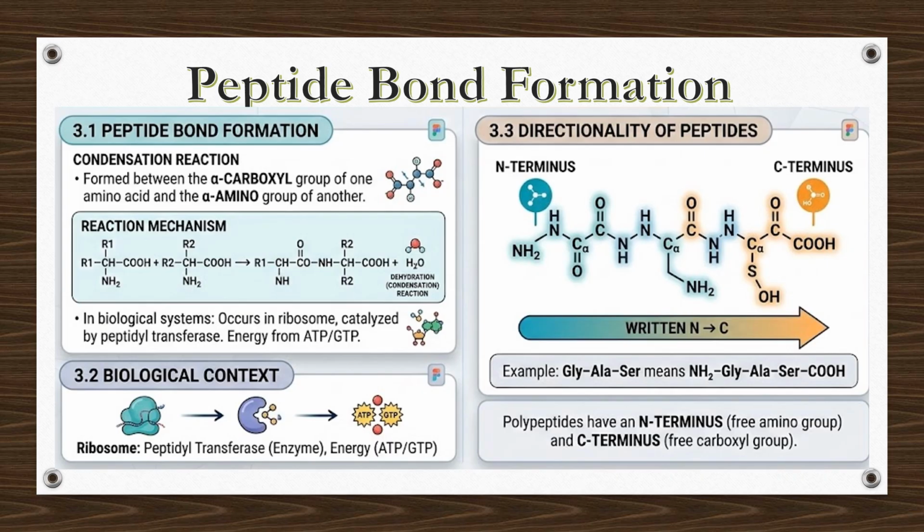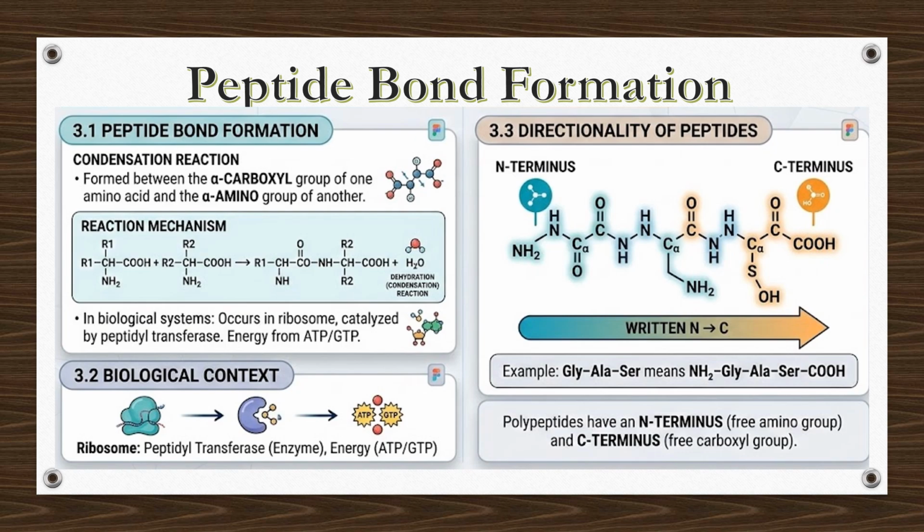Proteins are essentially long polypeptides that fold into specific three-dimensional structures, giving them unique biological functions. Once amino acids are incorporated into a chain, they are referred to as residues, since part of their structure is lost during bond formation.